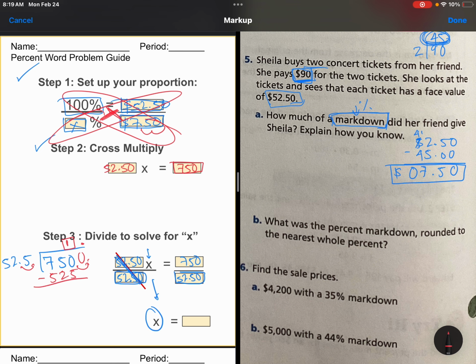Now I subtract. All I have to do is borrow this 1 from this 5. I get 10 on the right. 10 minus 5 is 5. This became a 4 now. 4 minus 2 is 2, and this is still a 7. 7 minus 5 is 2, okay?